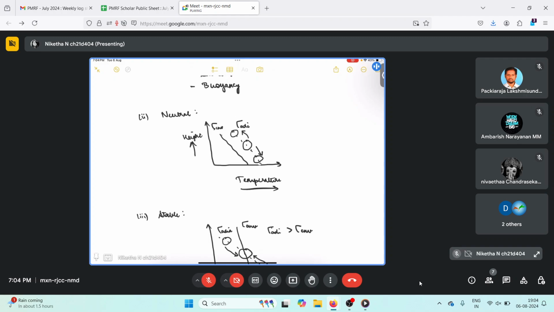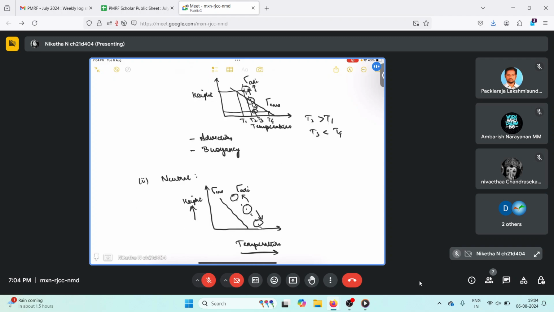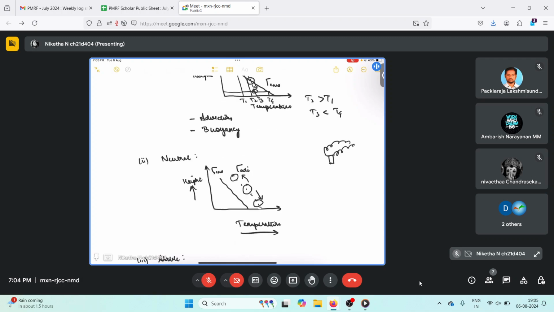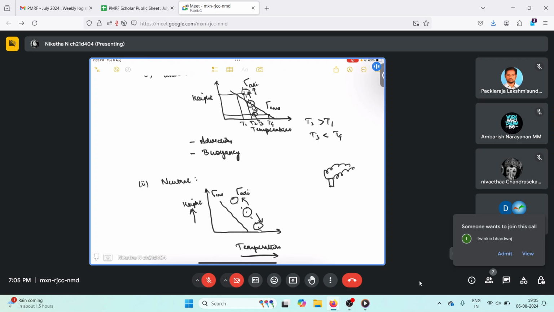So which condition is more favorable for pollutant dispersion and movement? If you have a pollutant, you have a stack which is generating this pollutant here, okay? So what condition is favorable so that this pollution is moving away and it is completely dispersed.